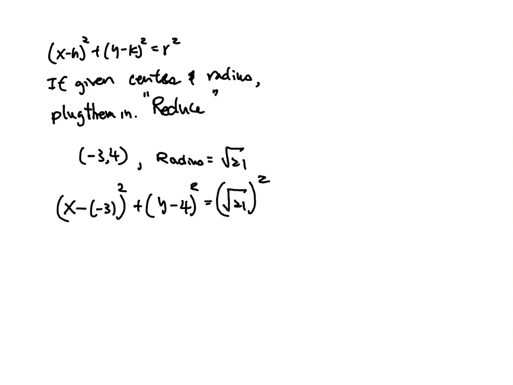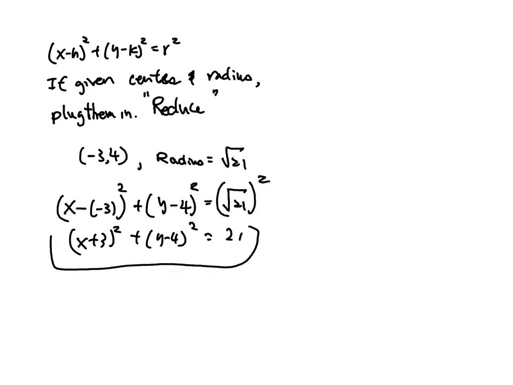Not completely, but just to keep things simplified. This is going to be x plus 3 quantity squared plus y minus 4 squared equals the square root of 21 squared. The square and square root cancel out, leaving 21. That's all you have to do. You don't have to FOIL. Just plug it in and clean it up.